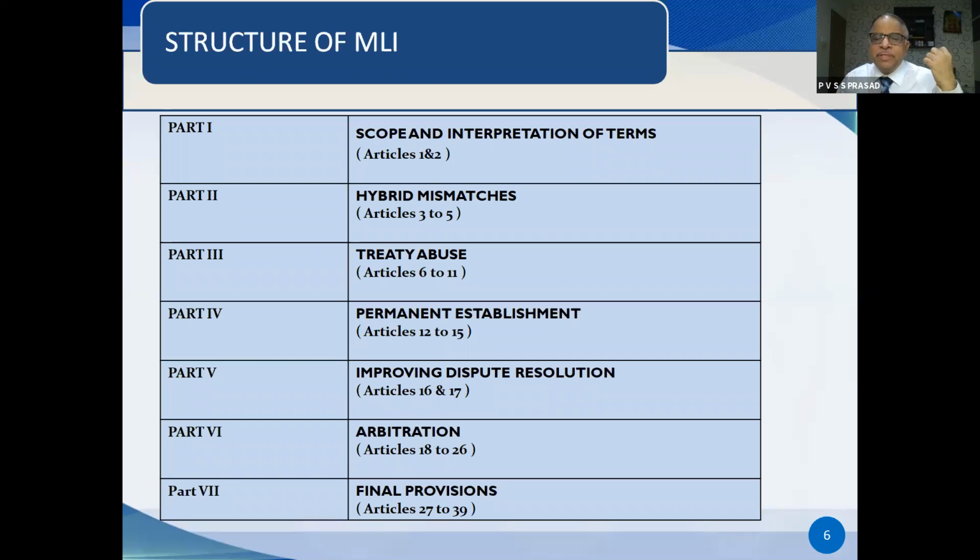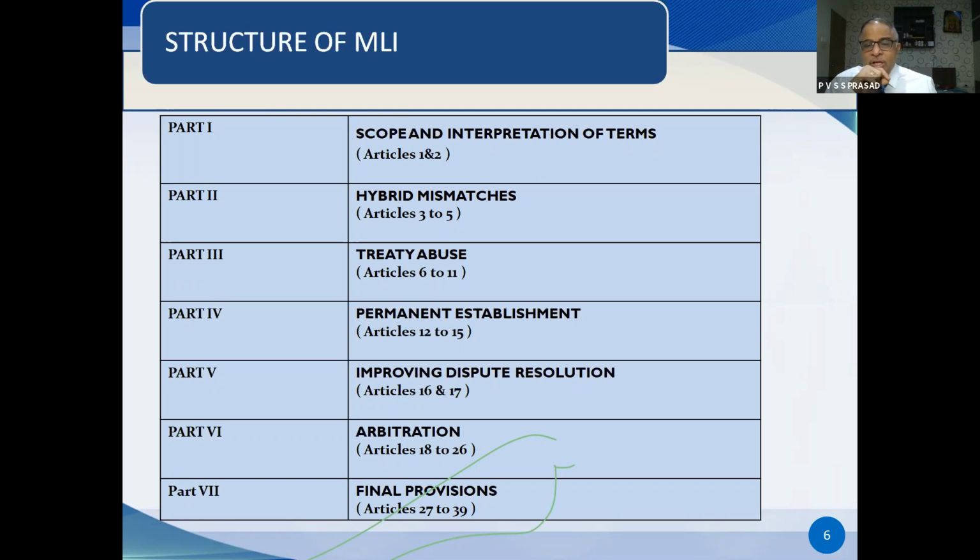Then the parent company in the USA can move the competent authority stating that this particular TP adjustment made in the hands of my subsidiary needs to be deleted because it is not done as per the agreed approach of transfer pricing regulations or the economic analysis. So that is how both competent authorities of the US and India would try to resolve this issue.